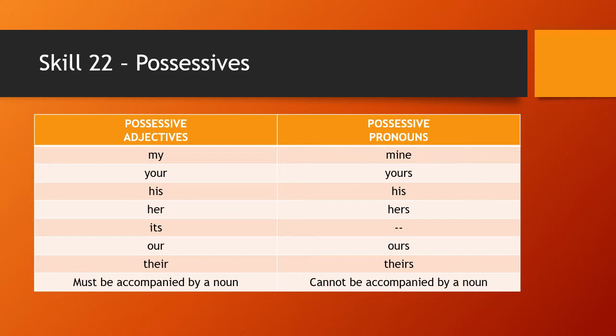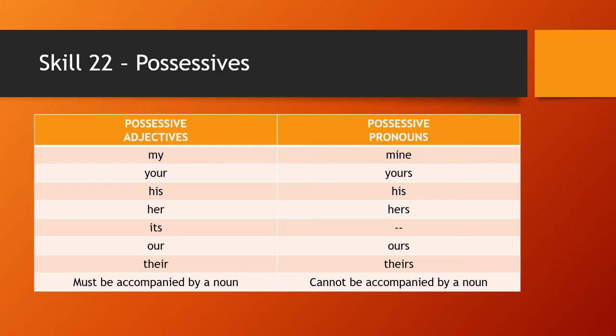I can say my book, your book, his book, her book, its color, our book, and their book. Let's take a look at the possessive pronouns: mine, yours, his, hers, ours, theirs.